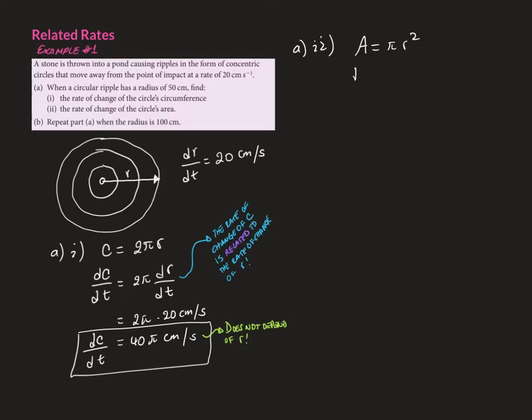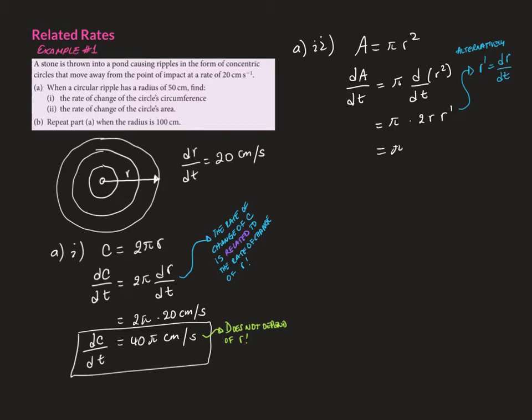So we want to calculate the rate of change of A, and that would be equal to pi times the derivative with respect to time of r squared. And we do that implicitly using the chain rule. So the derivative of r squared is going to be 2r r dash, or 2r times the derivative of r with respect to time, and that we know is 20 centimeters per second.